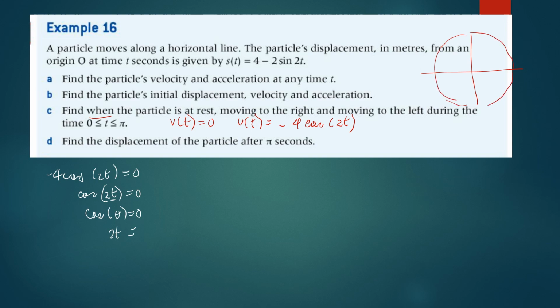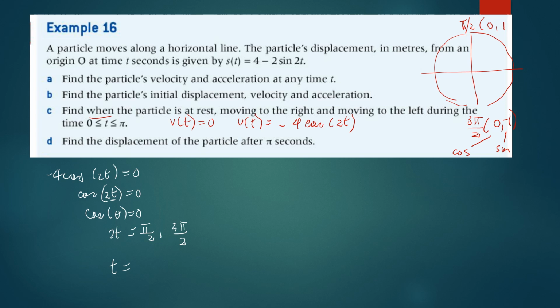So where is our cosine, or x value, equal to 0? It happens when our angle is pi over 2, because the coordinates are 0 and 1. And it also happens at 3 pi over 2, where the coordinates are 0 and negative 1. Remember that this is your cosine and this is your sine. So the two values for which you can have cosine of 0 are pi over 2 and 3 pi over 2, or 90 degrees and 270 degrees. But our angle is 2t, so we're looking for only t.